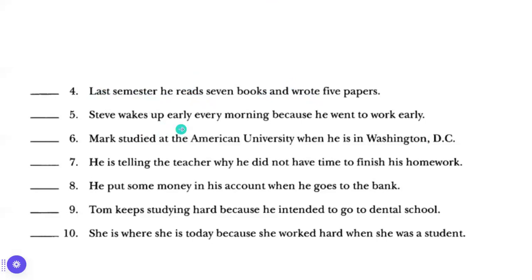"Steve wakes up early every morning because he went to work early." Here, every morning, because he goes to work early. That's why he wakes up early, because he goes to work early. "Mark studied at the American University when he is in Washington."